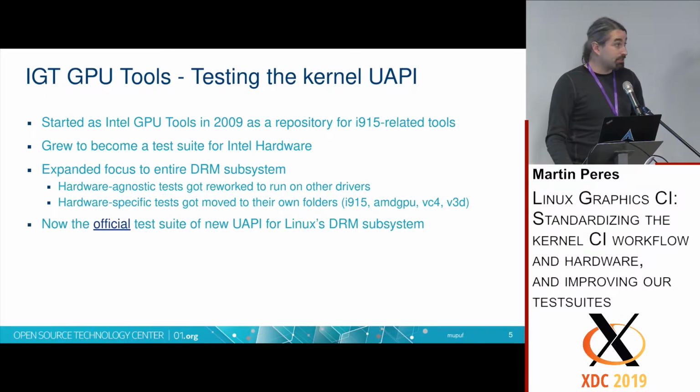And as of this year, IGT is now the official test suite, so whenever you add a new UAPI for DRM, you need to document it, or not just document it, write tests for it in IGT. That generated a lot of discussion, but it got through, so good stuff.